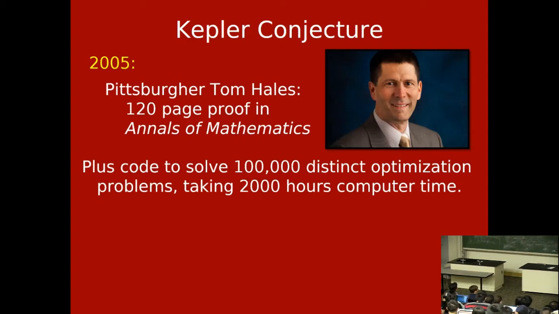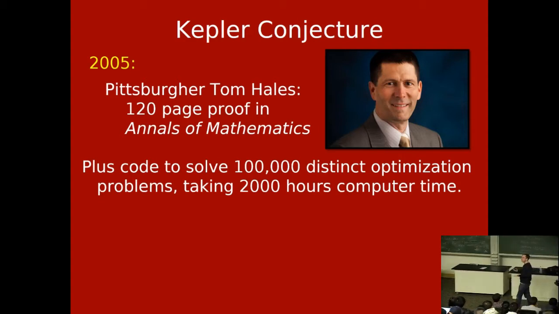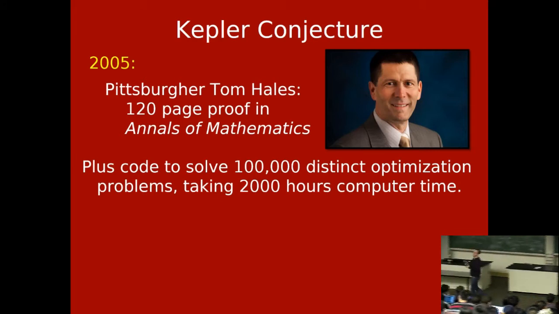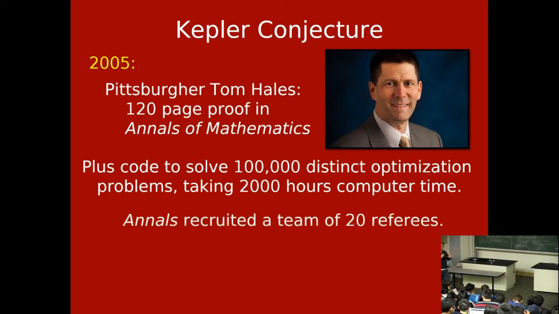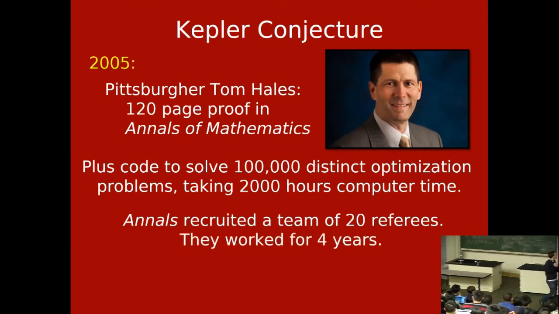And again, this is a famous problem. It's open for 400 years, so people took this very seriously. They're like, we got to really become satisfied that this is a proof. So this journal, Annals of Mathematics, they did a pretty cool thing. They're like, we're going to do it. Normally when a paper gets sent to a journal, maybe 1 or 2 people will review it. They got a team of 20 people to review it. They worked on it for 4 years.